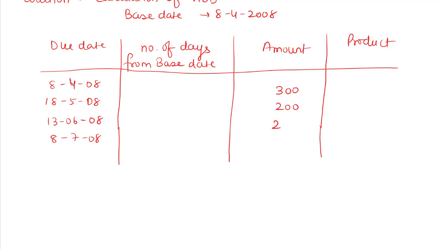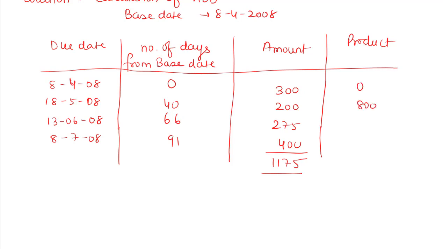Amount 300, 200, 275, 400. Do the totals of amount, 1175. Number of days from the base date 0 days, 40 days, 66 days, and 91 days.